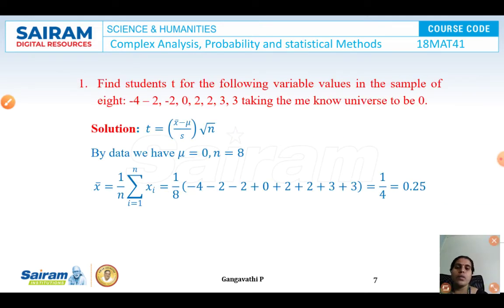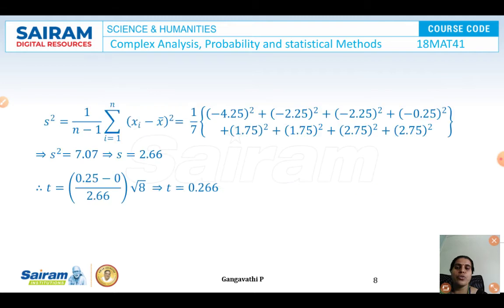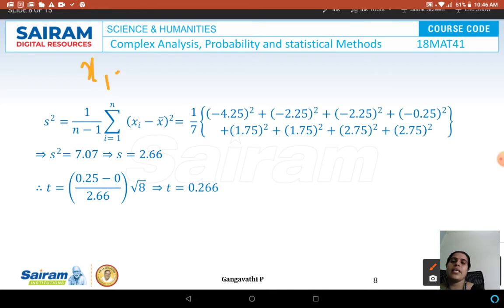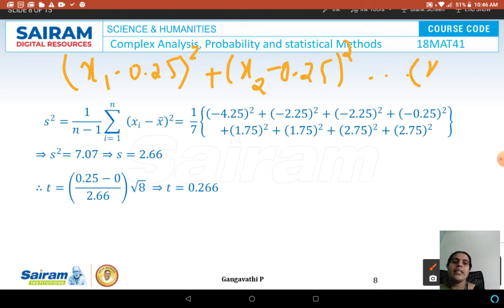0.25. So since x bar value is 0.25, here x1 minus 0.25 whole square plus x2 minus 0.25 whole square and so on till x8 minus 0.25 whole square.